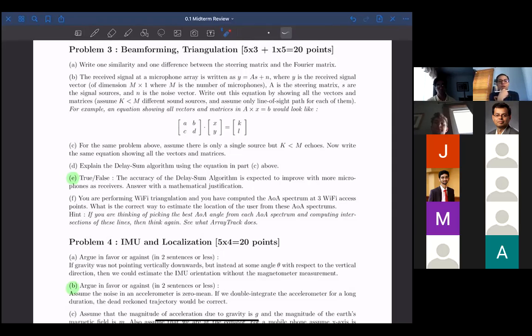So in this case, the more microphones, the more samples of noise there will be. And if you have more samples of noise, they're likely to cancel out each other. Look, if I do 3 or 4 coin tosses, you may not always get 2 heads, 2 tails.